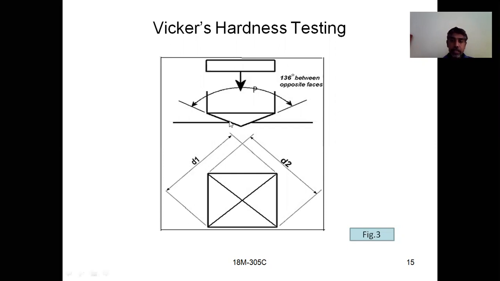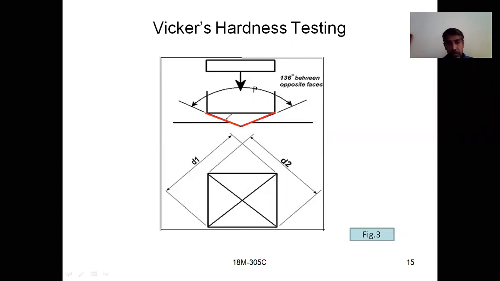If you see the diagram, this is the shape of the diamond indenter. And how much angle do you have here? I will show the angle also.